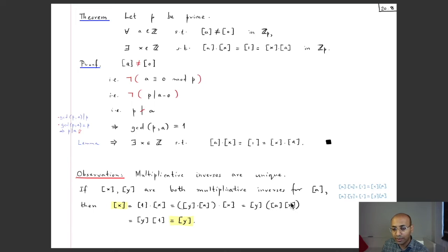Since this serves as a multiplicative inverse for this one, the product of these two is the multiplicative identity. But the multiplicative identity times anything is the same thing. So this is equal to the equivalence class containing y. And so these two are the same. So the multiplicative inverse for any element, if it exists, is unique for that particular element.